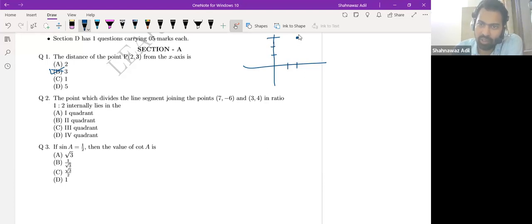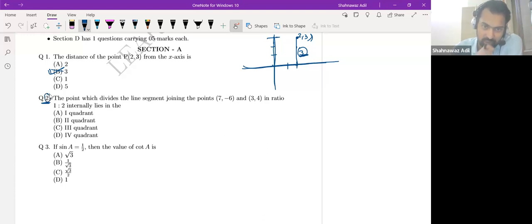So this point is 2 comma 3, right? In X we go 2, and in Y we go 3. This is the Y axis, and this is the X axis. So from the X axis, it is 3, whatever this 3 distance is. So this would be 3.